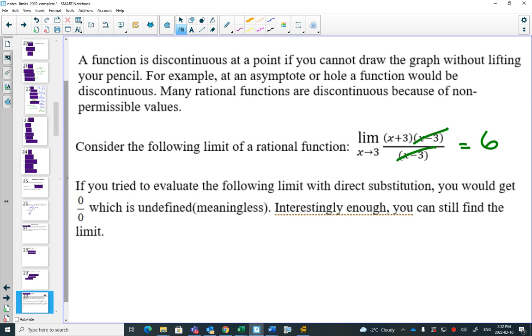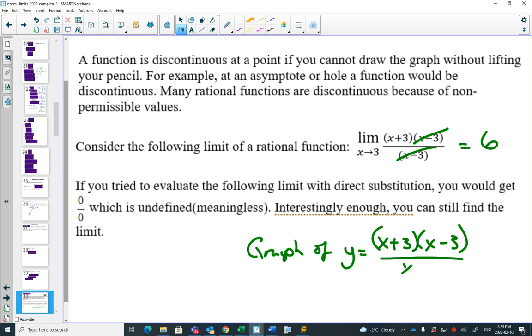If we're looking, what does the graph of y equals x plus 3, x minus 3 over x minus 3 look like? Well, you have a non-permissible value, and I'm going to use NPV as an abbreviation. Again, mathematicians don't like to write too many words. A non-permissible value: x cannot equal 3.